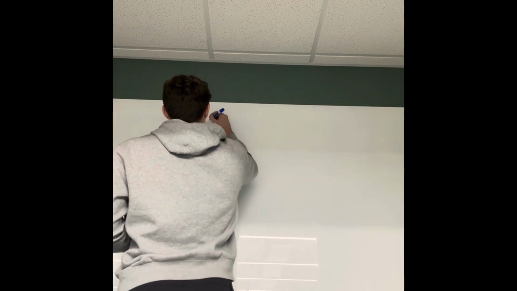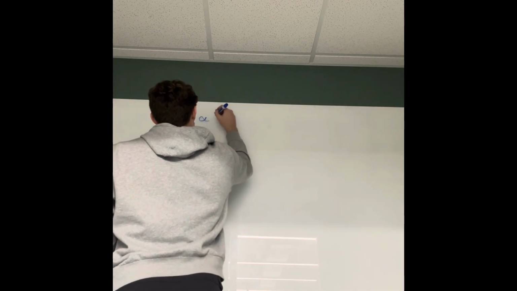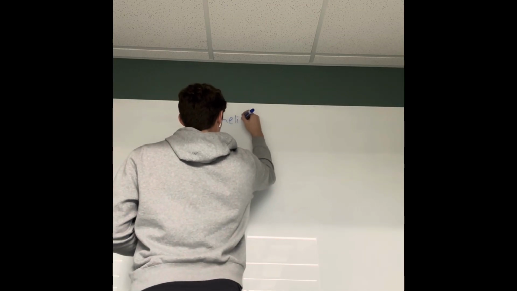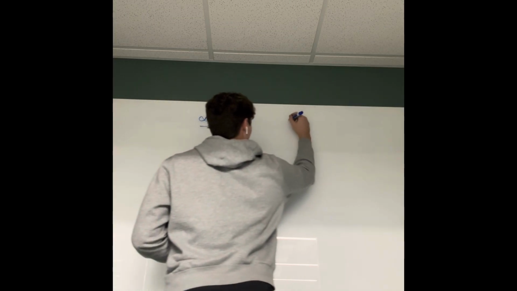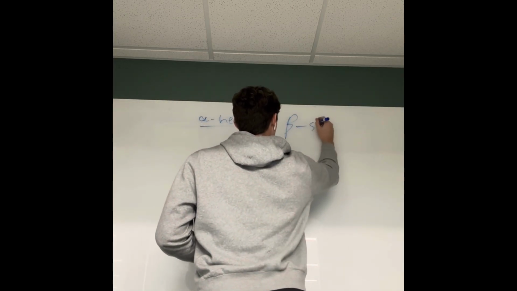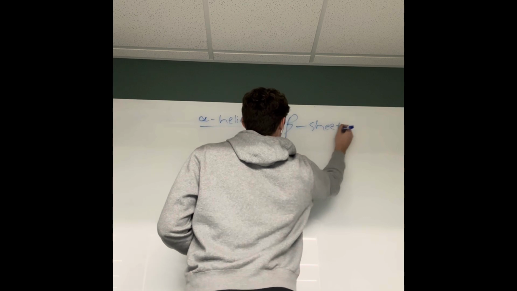So now we're going to move on to thinking about the second level of our 4 levels of structure. Our secondary level of structure can fall into 2 things: our alpha helices and our beta pleated sheets. We're going to use some Greek symbols for alpha and beta.